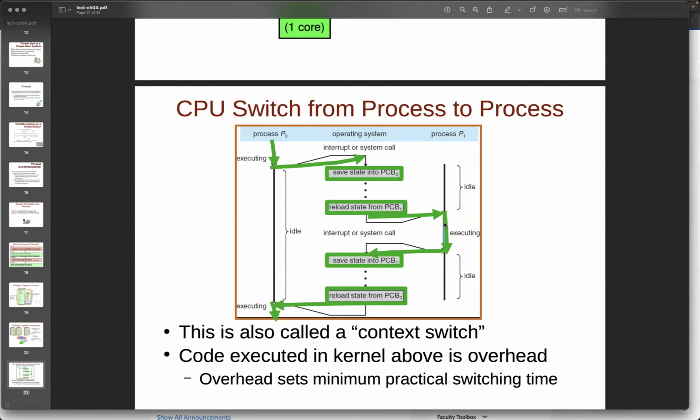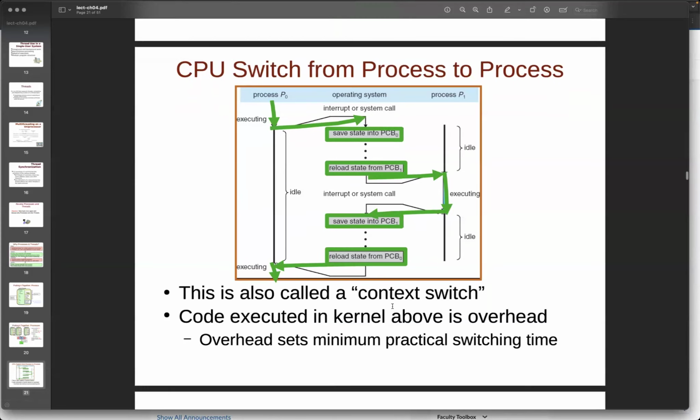After we execute P1, the process one, let's say we save it and put it back when we get the interrupt or a system call. We save the state of PCB1, and then we restore the state of PCB0. At this moment P1 will be idle, and I will go back to execute P0 again.